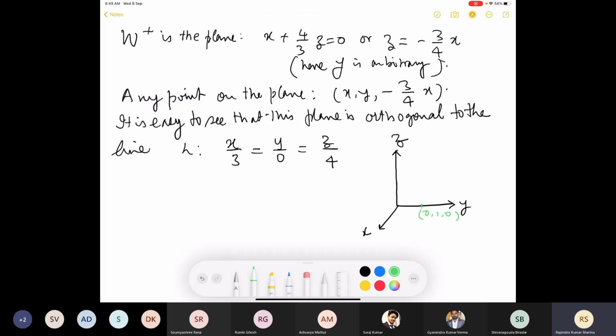So somewhat this is positive z, and this is negative z. So this will be 1 and then 0 and then minus 3 by 4. So the plane would be somewhat like this.